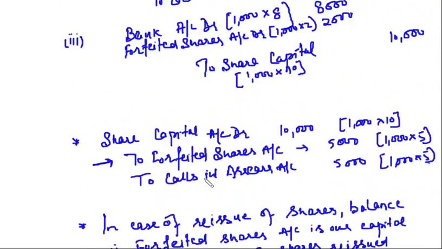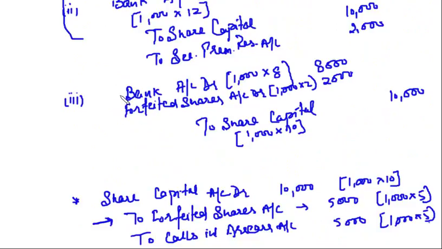Clear? Now in case of discount, what happened? 5,000 is in your pocket 2. In pocket 1 you received 8,000, but you were to receive 10,000 rupees. You gave a discount of 2,000, but you don't want to be at a loss. What you do? You take out 2,000 rupees from pocket 2 and keep it in your pocket 1. Now in pocket 1 you have 10,000 rupees.